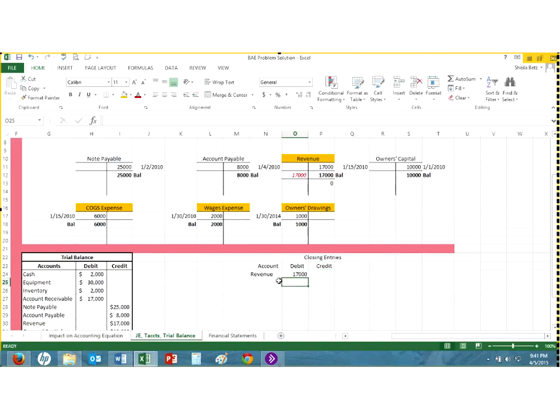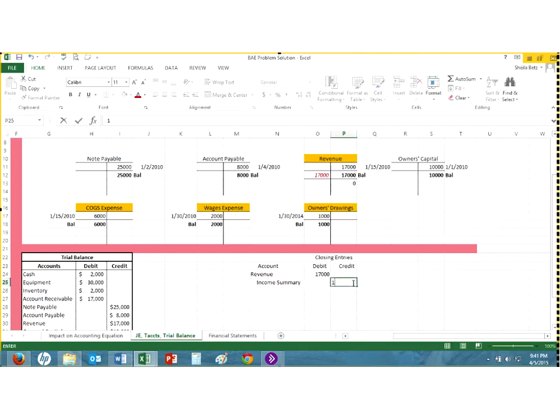But remember, I got to move that somewhere. So where am I going to move it? I'm going to close that to an account called Income Summary for $17,000. So let's go up here and create an Income Summary account.